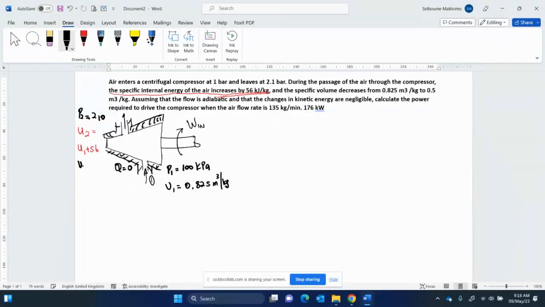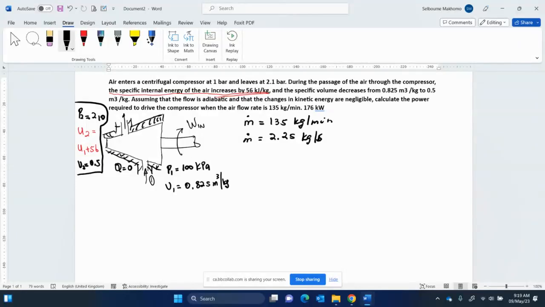And the specific volume at 2 is 0.5. So these are outlet conditions. Now the question says calculate the compressor power. The mass is given as 135, but we want kg per second, not per minute. So the mass flow rate is 2.25 after dividing by 60.